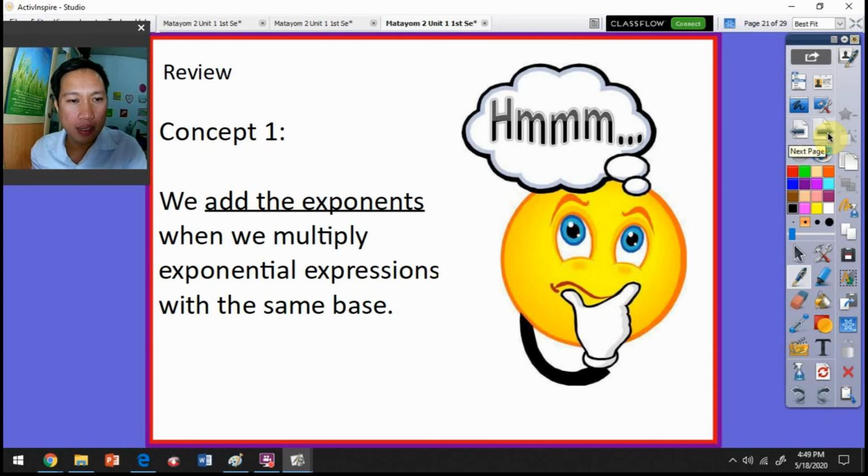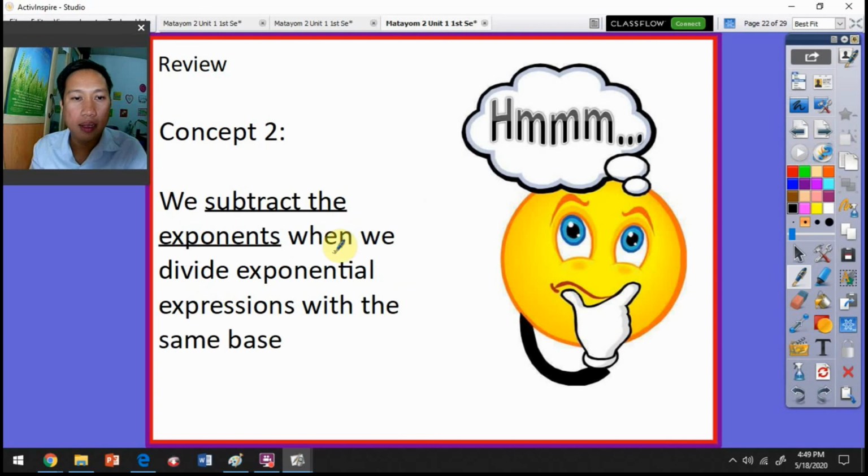We add the exponents when we multiply exponential expressions with the same base. Remember, if they have the same base and you multiply them together, just add the exponents. You learned that already.